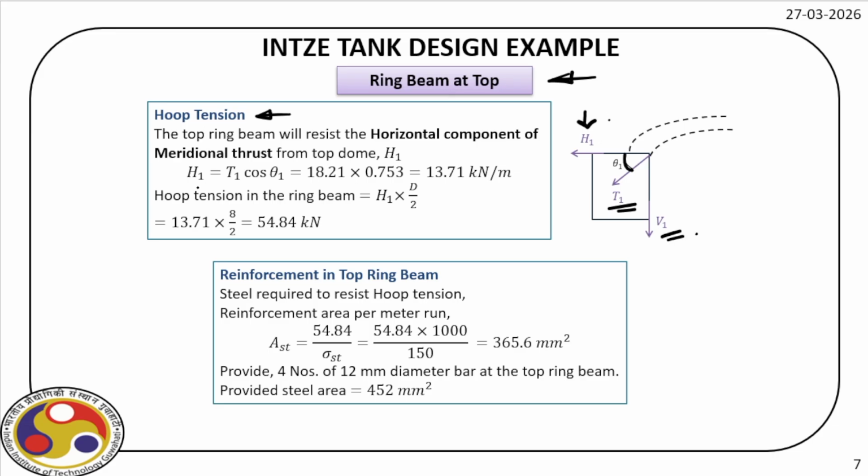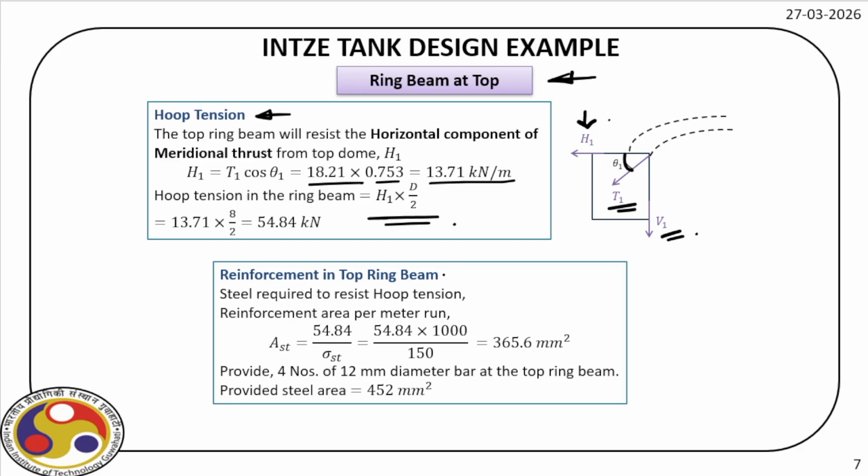So the hoop tension H1 is T1 cos theta 1. So we can find out that. So it is 13.71 kilonewton per meter. Now hoop tension in the ring beam is H1 times D by 2. So it is effectively 51.54 kilonewton.